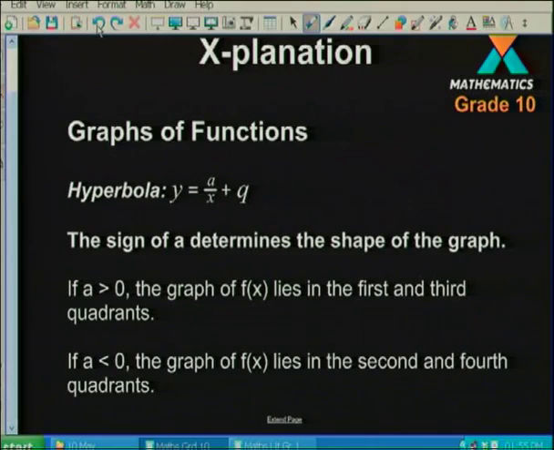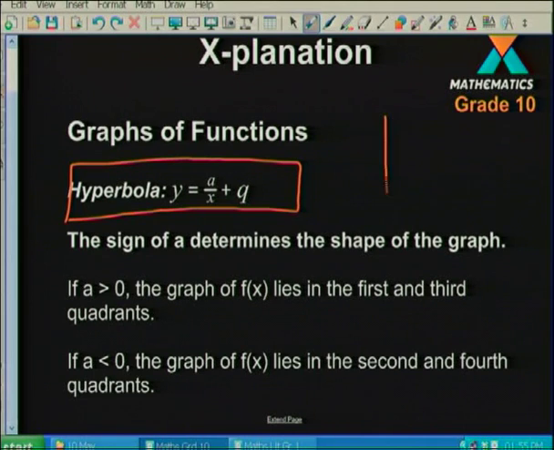The next function on the menu for today is our hyperbola. And the hyperbola has the general equation y is equal to a over x plus q. Once again, we're going to have a look at what is the effect of a and what is the effect of q. If a is positive, in other words, a greater than 0, my graph will lie in the first and the third quadrant.